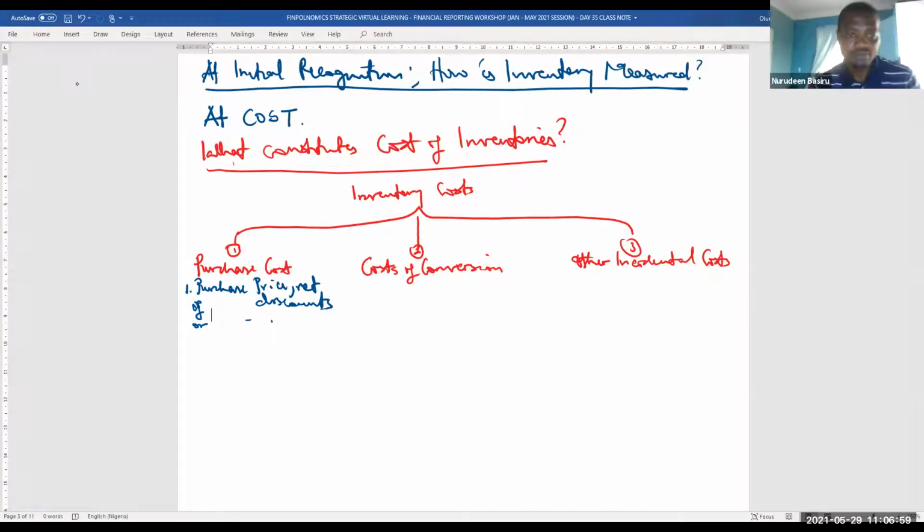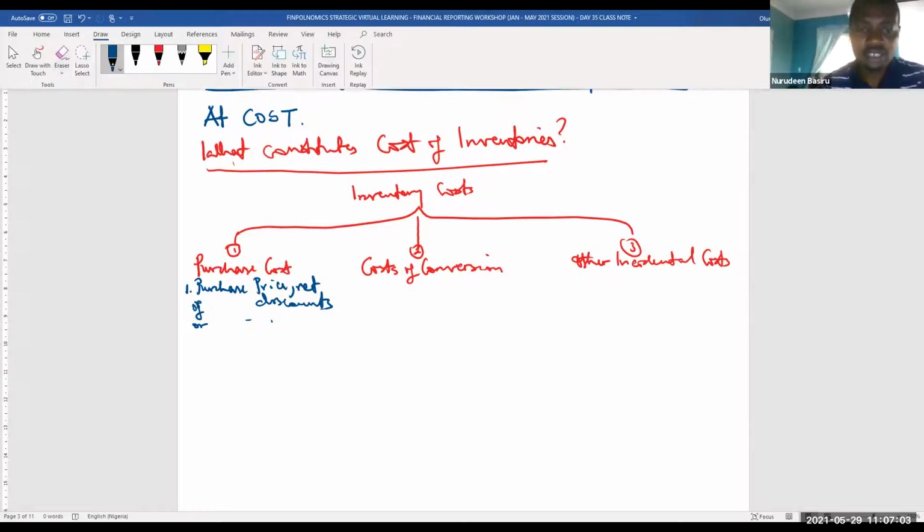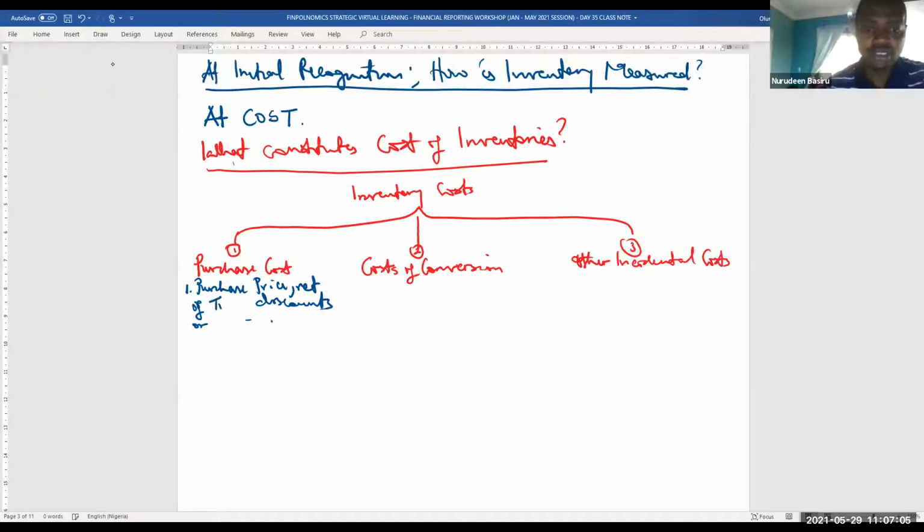Let me try. I think cash discount is the discount granted to customers who are willing to purchase and pay immediate cash, while trade discounts are the discounts given to customers who are willing to buy a specific quantity specified by the sellers of the item.